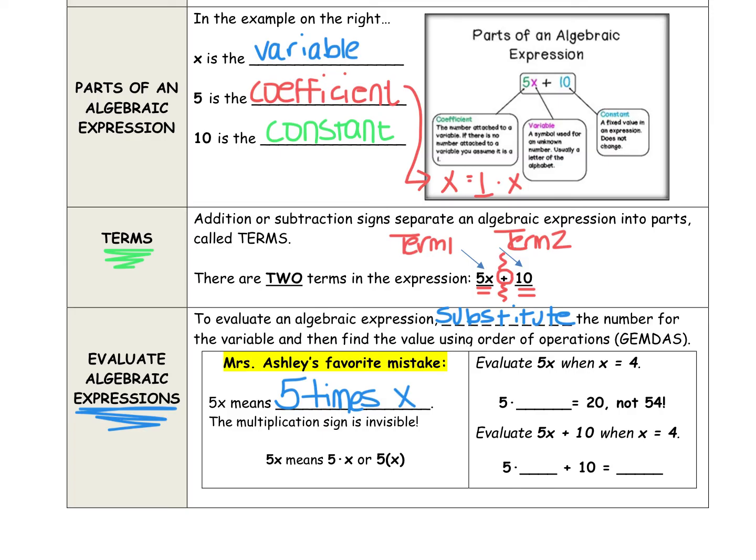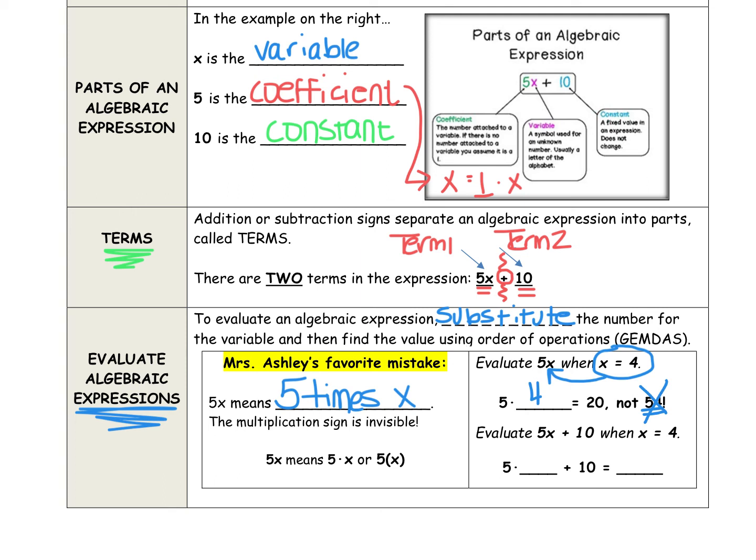So if we wanted to evaluate 5x when x equals 4, we substitute the 4 in the place of the x. 5x would really mean 5 times 4, which is equal to 20. A favorite mistake of mine is that students will sometimes put the 4 in the place of the x and think the answer is 54, but it is not, since 5x really means 5 times x.